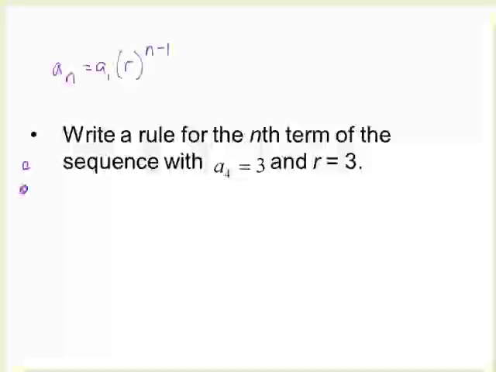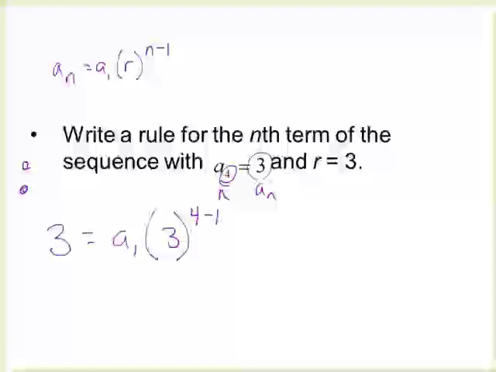Okay, so we begin by plugging in a 3 as our term value, and 4 as its place in line. So a sub n is 3, a sub 1 is unknown, r we are given as 3, n is 4, and then minus 1 for the formula.